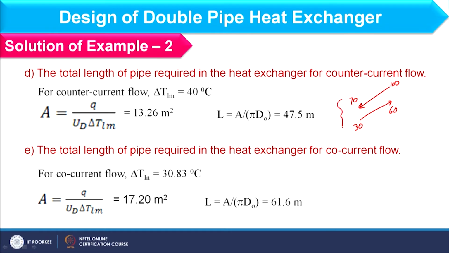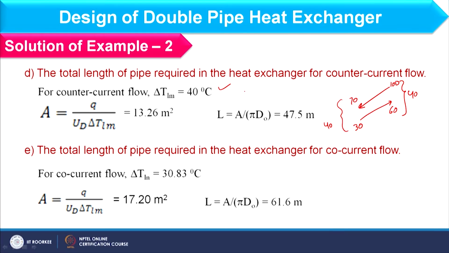So, here we have a temperature difference of 40 degrees Celsius, and here again a temperature difference of 40 degrees Celsius. So, you see both temperature differences are 40 degrees Celsius. If you consider LMTD for this, right, LMTD is what? Delta T1 minus delta T2, right, and here both delta T's are equal.